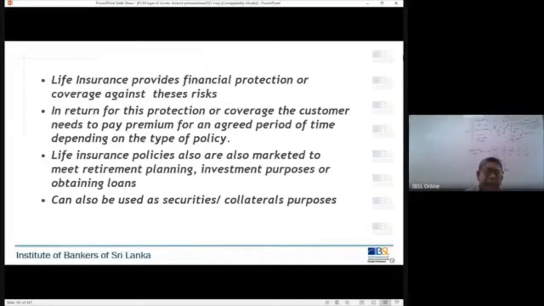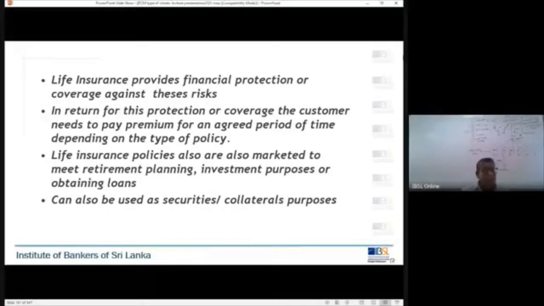Actually, it is a life insurance provider, financial protection or coverage against these risks. Now, why are banks worried about this? When you go for a housing loan or certain loans, sometimes banks will ask you to get an insurance cover for life, and then the bank asks to assign that insurance policy to it.